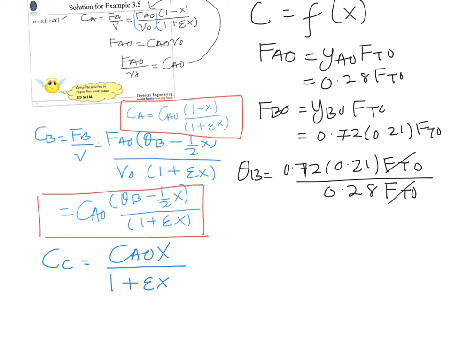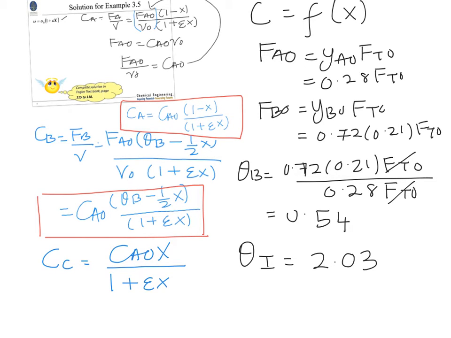You can cancel FT0, and your theta B will be 0.54. You use the same calculation for theta I, and you will get theta I equals 2.03.